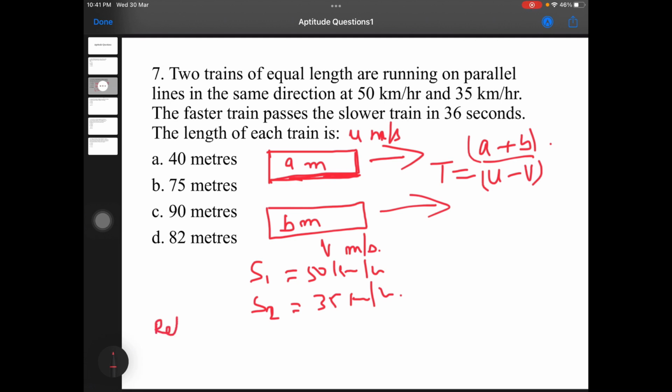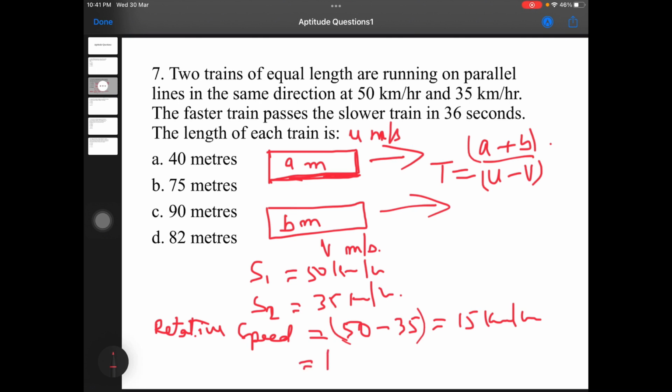So let's find the relative speed of the trains. Relative speed is equal to 50 minus 35, which is 15 kilometers per hour, and this we have to convert into meters per second. So 15 multiplied by 5 by 18 gives 25 by 6 meters per second.